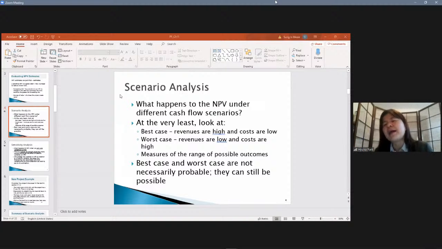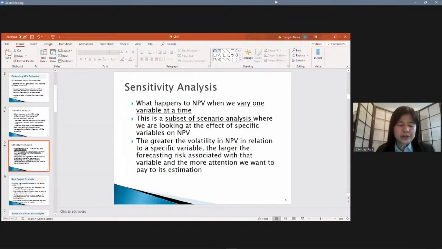So be prepared for the worst outcome and also take advantage of a best case scenario. That's the idea of scenario analysis. You should also understand the differences between scenario analysis and sensitivity analysis. Sensitivity analysis is another tool for managing risk in a capital budgeting decision.